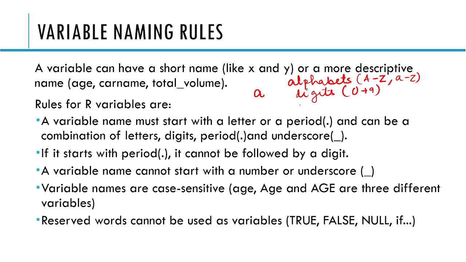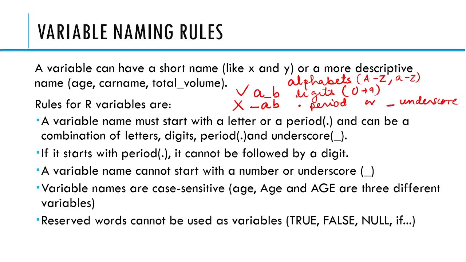Or you can have a period, dot symbol, that is period. Or you can have underscore. So if I write A underscore B, that is also a valid variable name. Okay. But if I write underscore AB, then it is not a valid variable name.